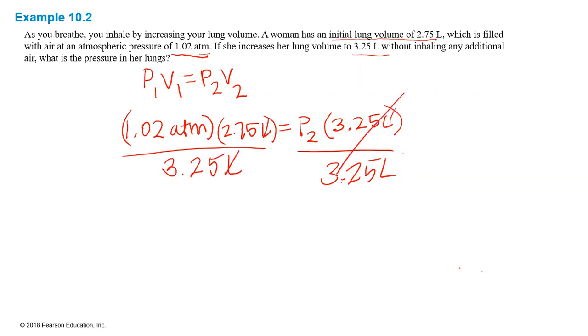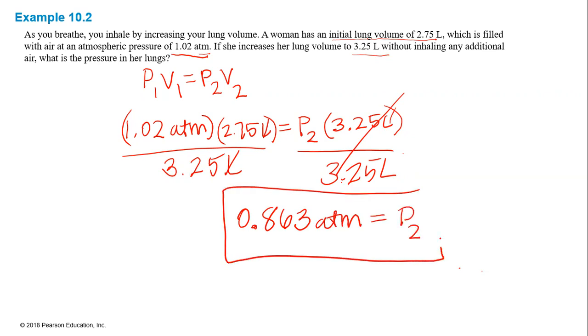Liters cancels. So 0.863 atmospheres equals P2.